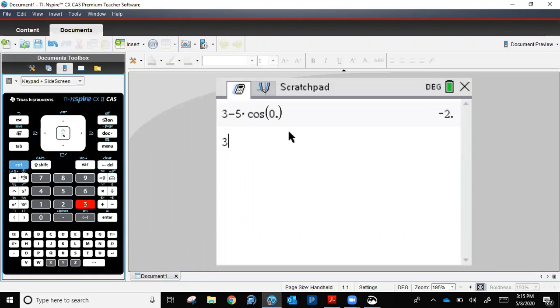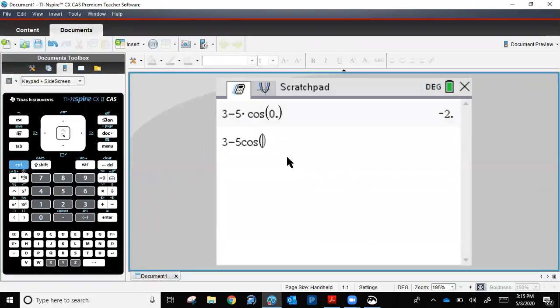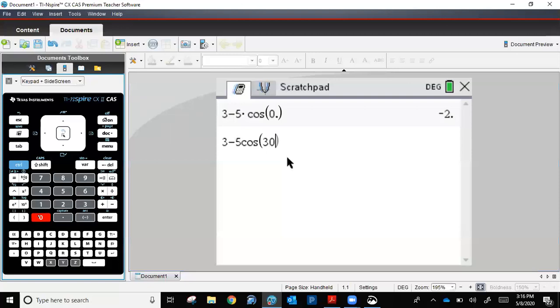I'm not going to do every single one on here, but another one, 3 minus 5 cosine of 30. I'm in degree mode, so 30 degrees gives us about -1.3. Now I would say round to a tenth to be somewhat accurate.